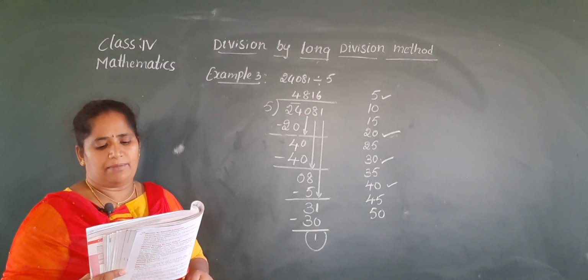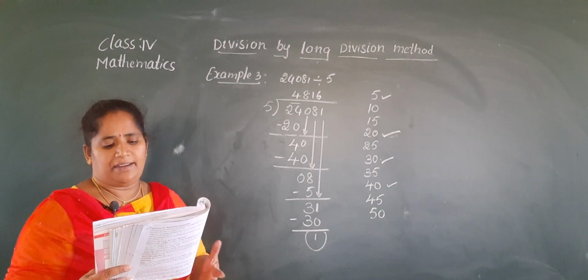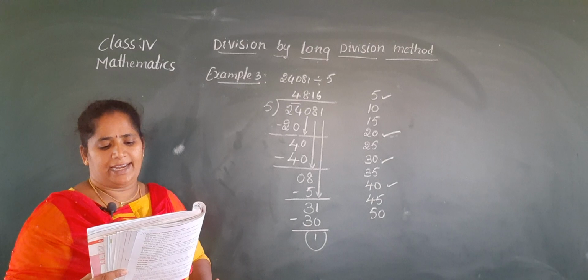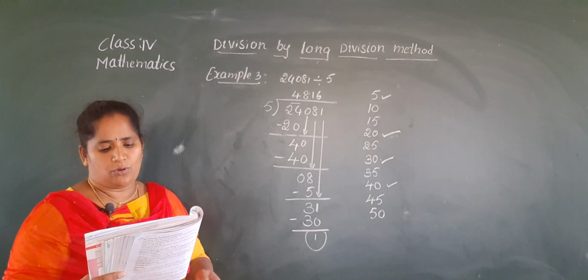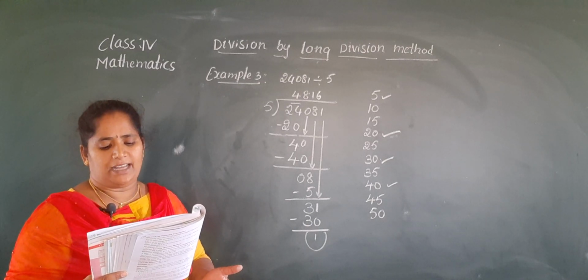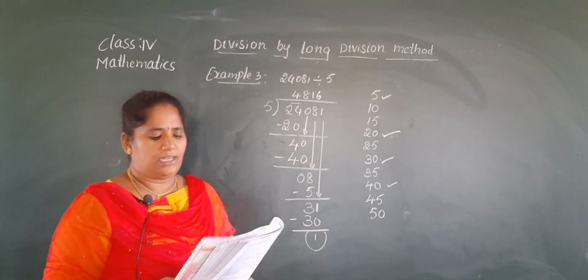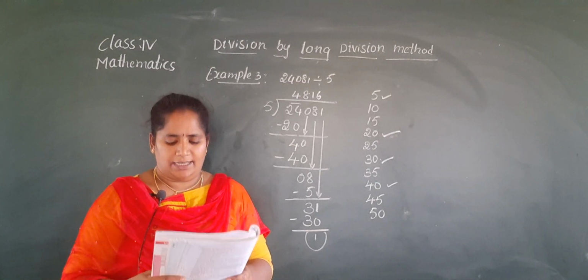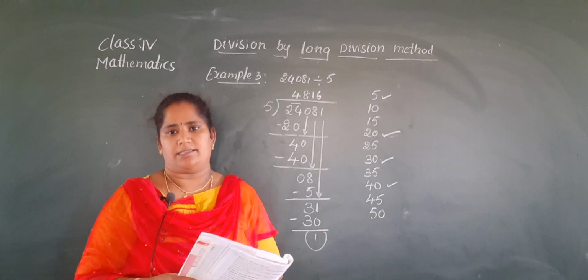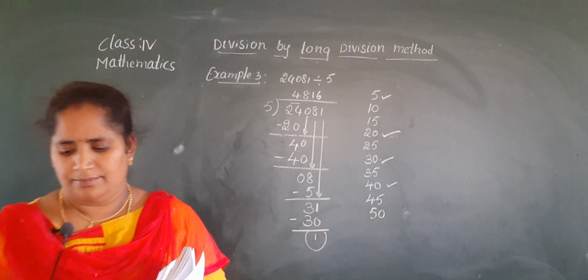And do not forget to write a 0 in the quotient when you have to bring down an extra digit from the dividend. Yes, my dear children, open your classwork and note down these 3 important points.